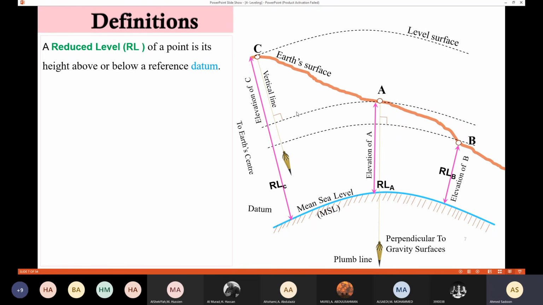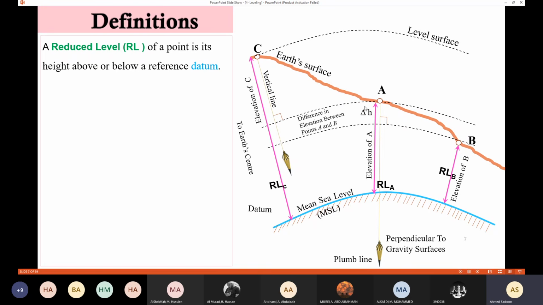Remember, we defined the vertical line earlier. So this one here is going to go through the vertical line. So when we say reduced level of a point, it means the height of that point above or below the MSL. Of course, sometimes the points could be under the MSL.